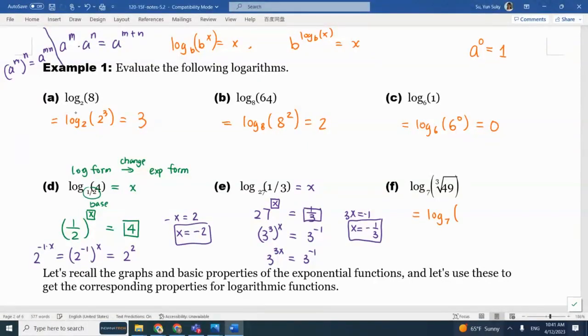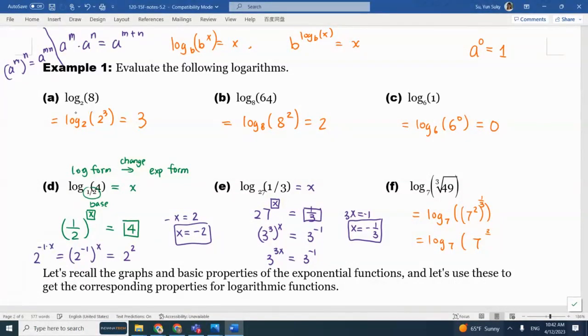So log base 7. What is 49? 7 squared, right? And then what is cube root? You raise the power of 1/3. So what do you do to the exponent? It's 7 squared and then to the 1/3.